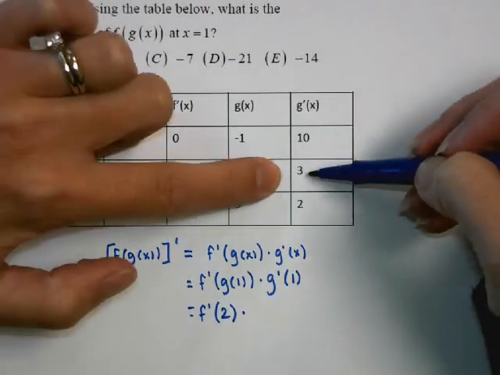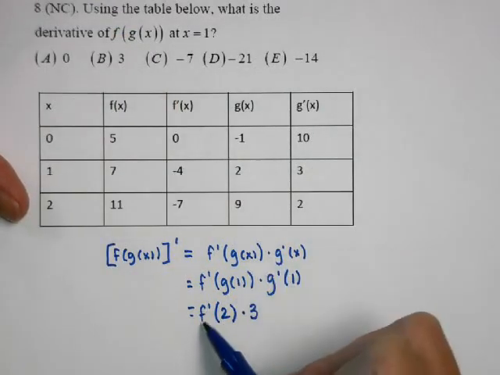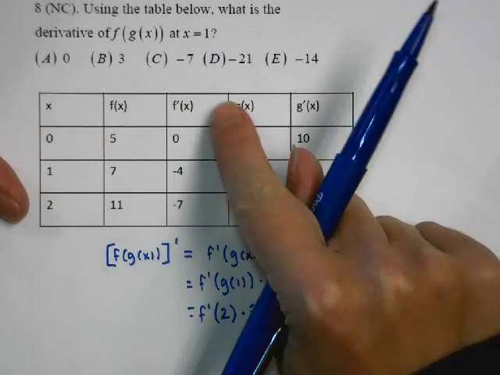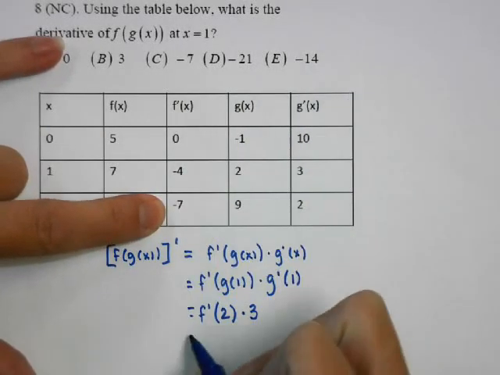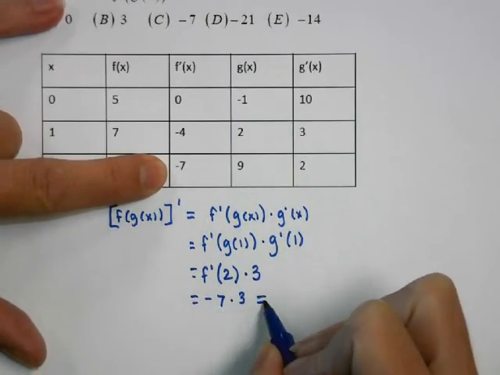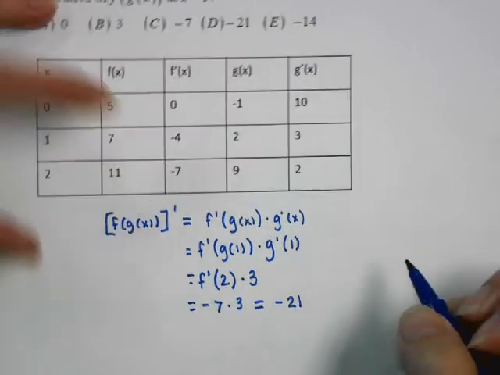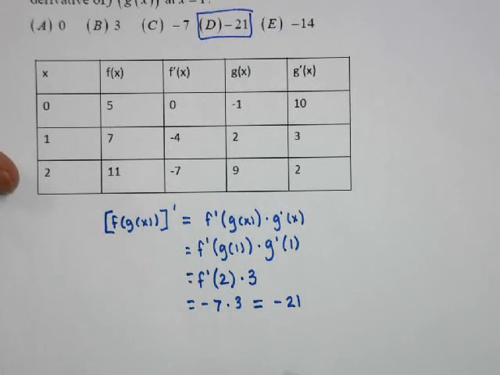G prime of 1 is going to be 3. Now we're evaluating f prime of 2. So here's f prime, there's 2. So we have a negative 7 times 3, which is negative 21. Go to our multiple choice answers, and there we go.